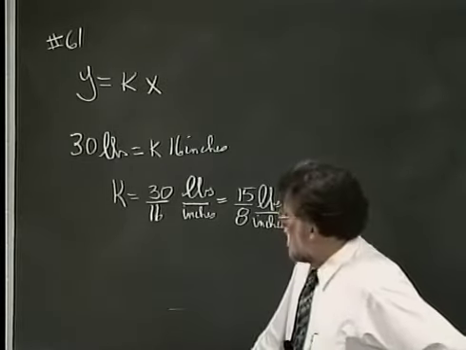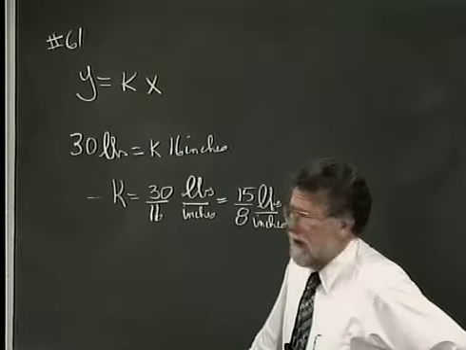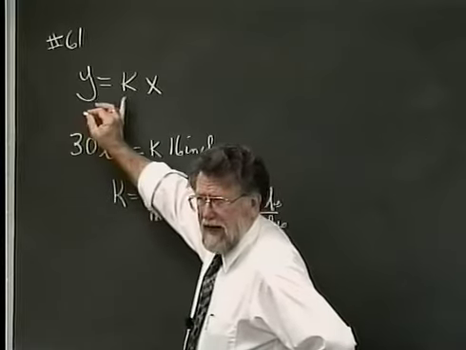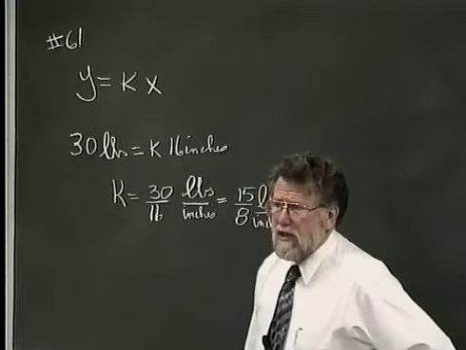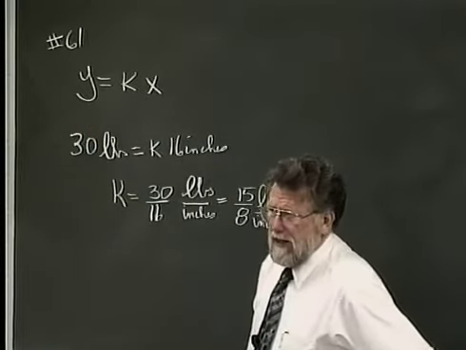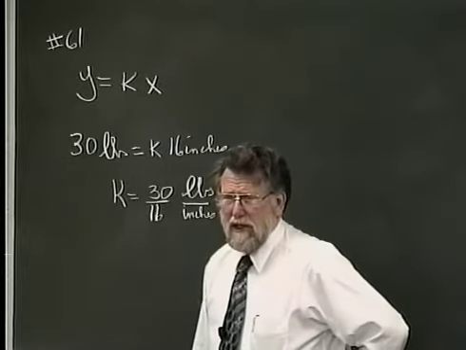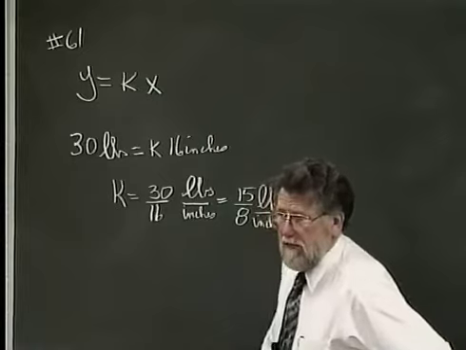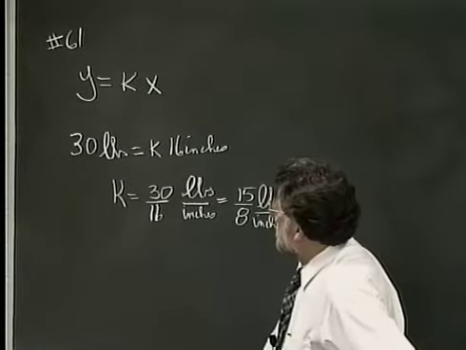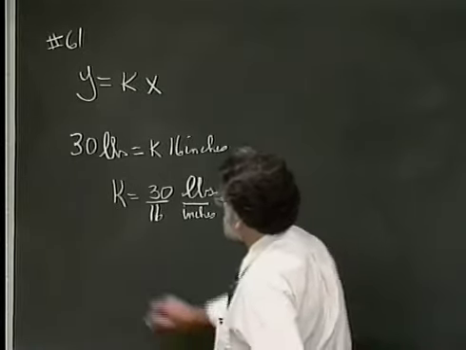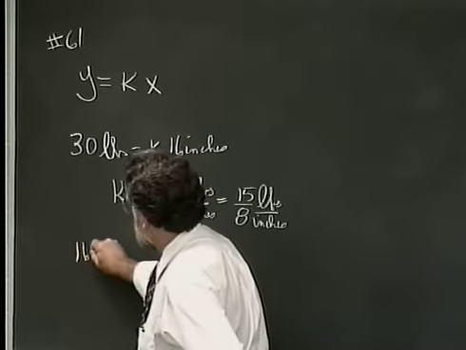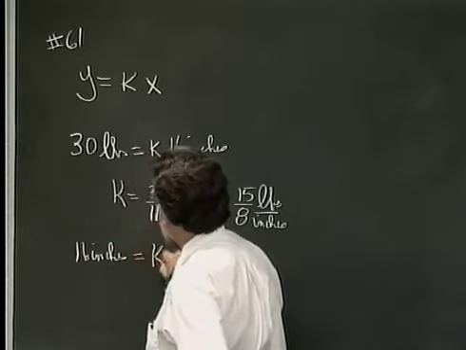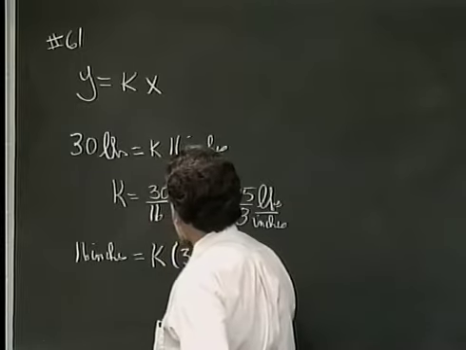I could still solve the problem appropriately just by putting 50 into the equation. Now I have the value of k, and I could solve for x. But if I'm going to do justice to this in terms of the way the problem would be stated in a physics class, I would have been better off saying what? That 16 inches, the distance, is proportional to the force, and have my 30 pounds here.